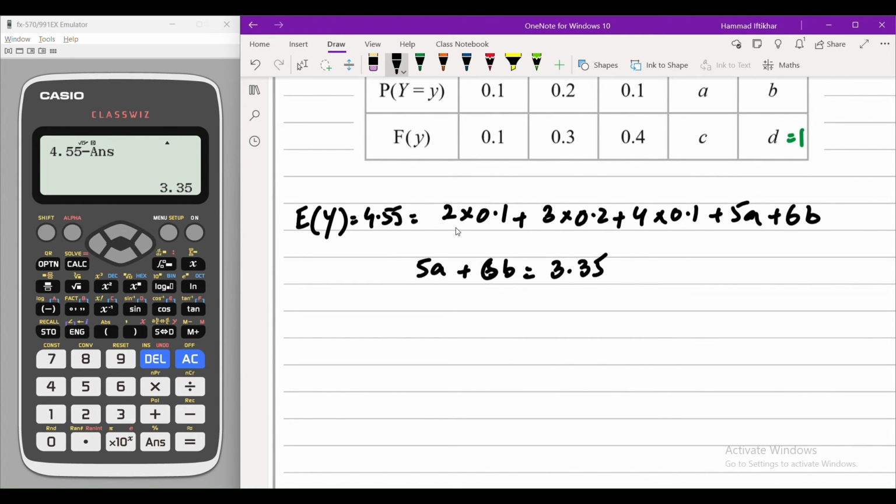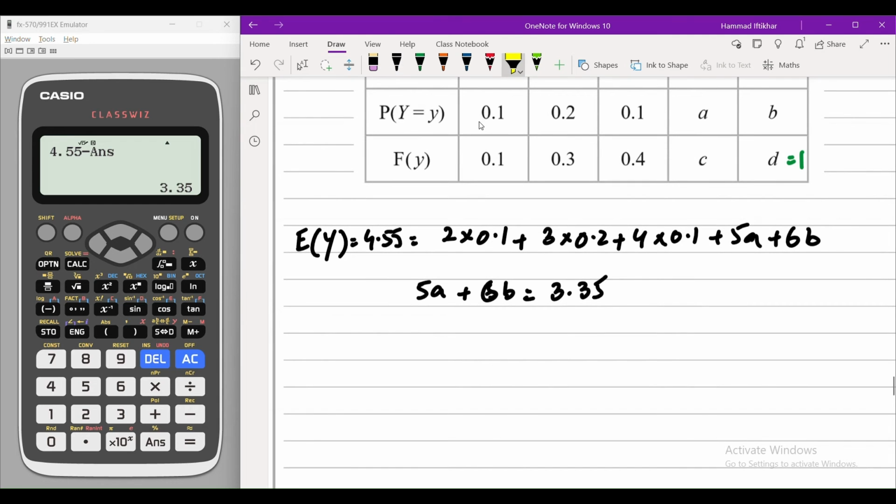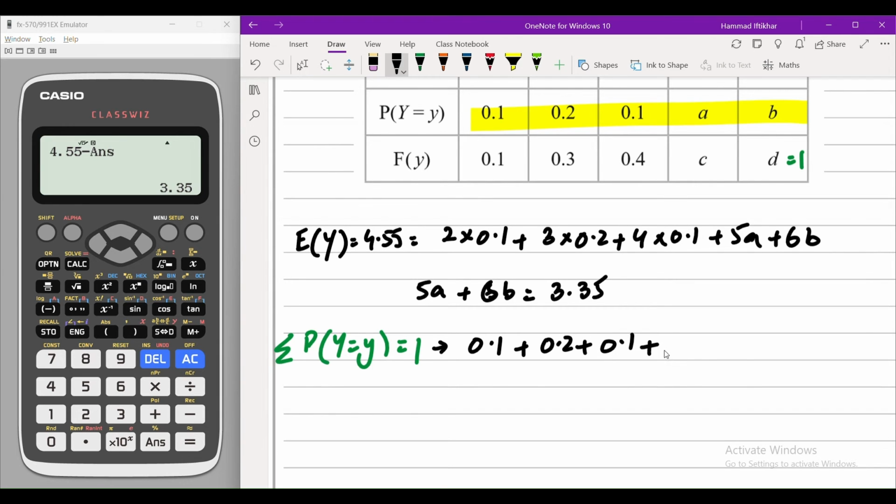Another equation that links a and b is that all the probabilities should add up to 1, which means that 0.1 plus 0.2 plus 0.1 plus a plus b should add up to 1.